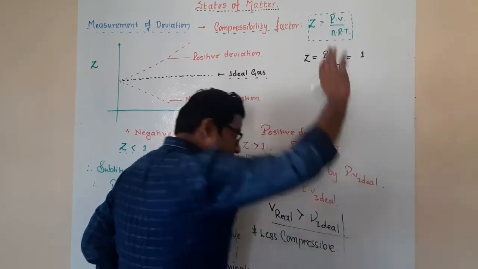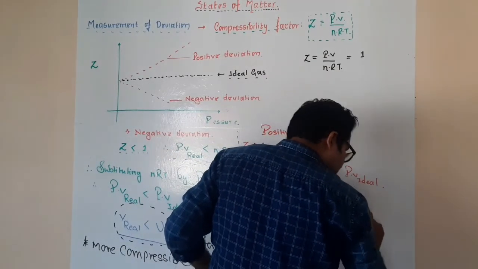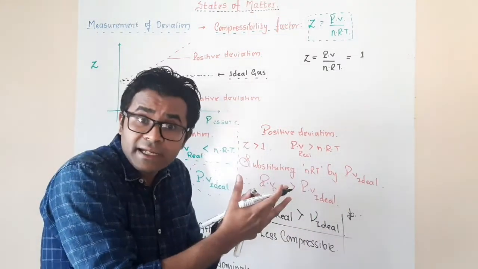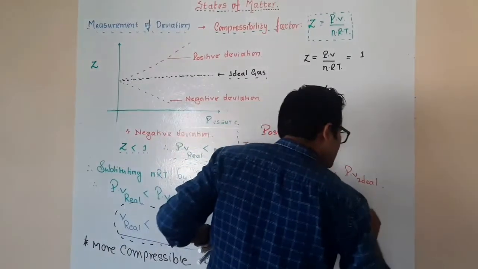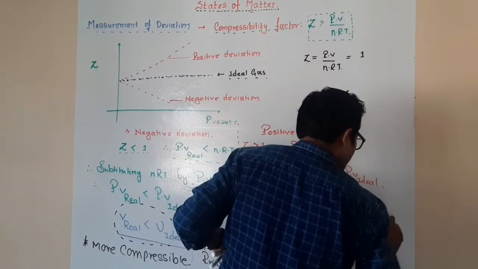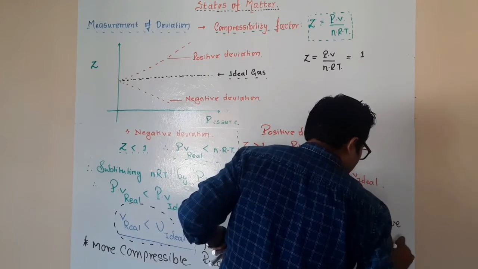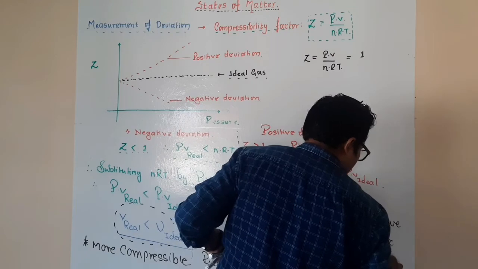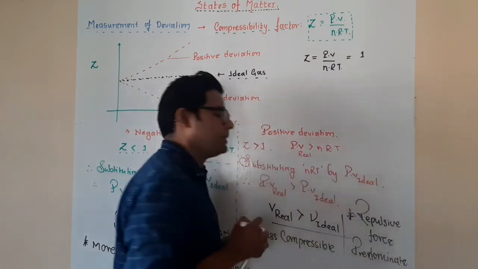When we say these are less compressible, that means between the two molecules there are greater repulsive forces. So here, repulsive forces are going to predominate.